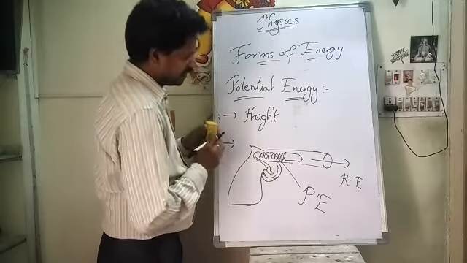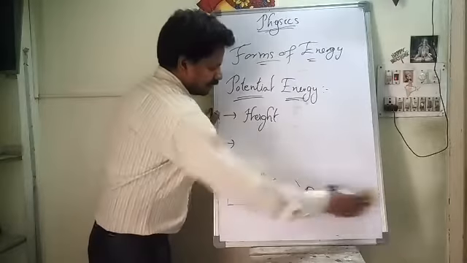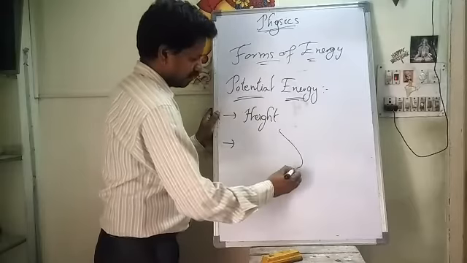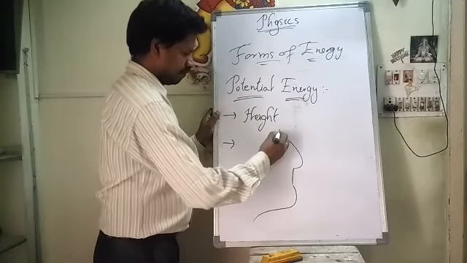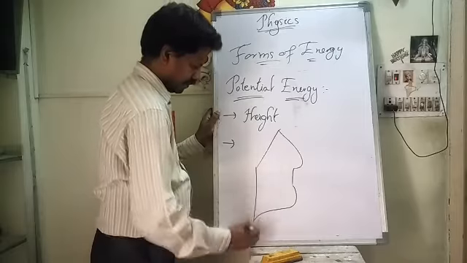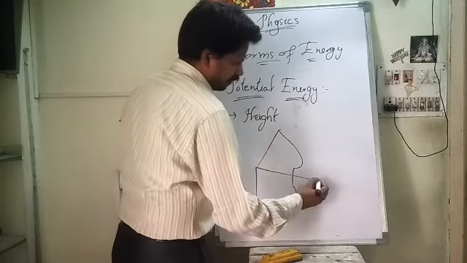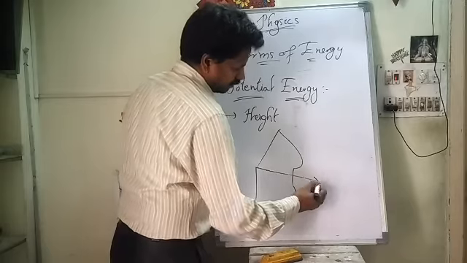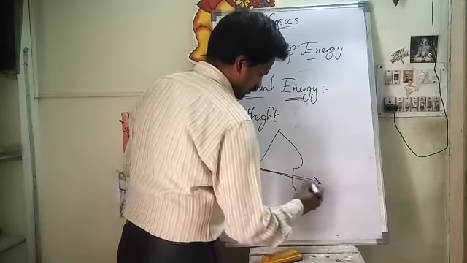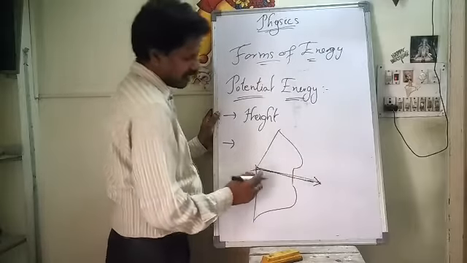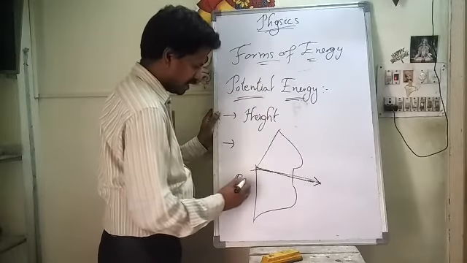Another example is there. The elongated string of a bow has a lot of potential energy.